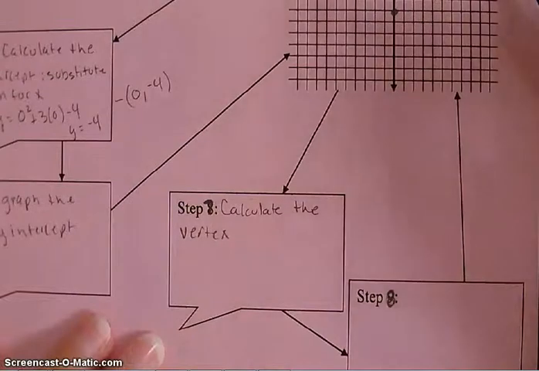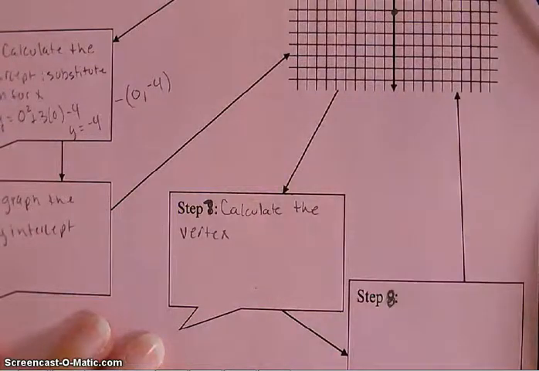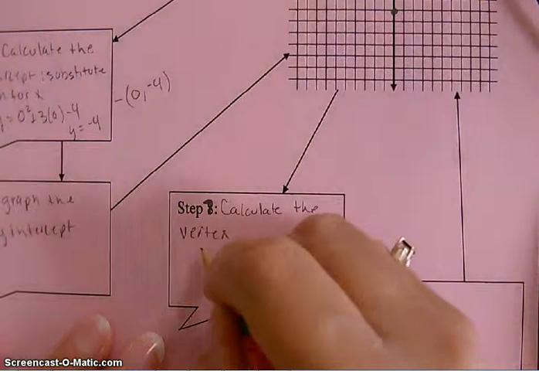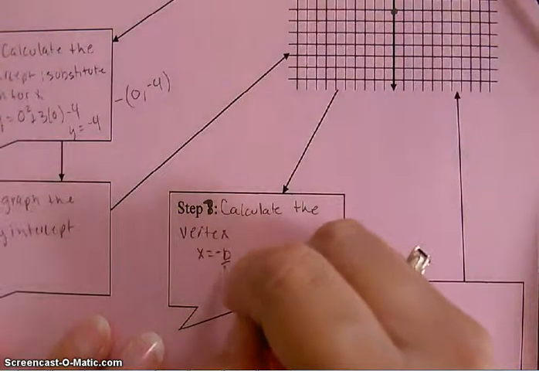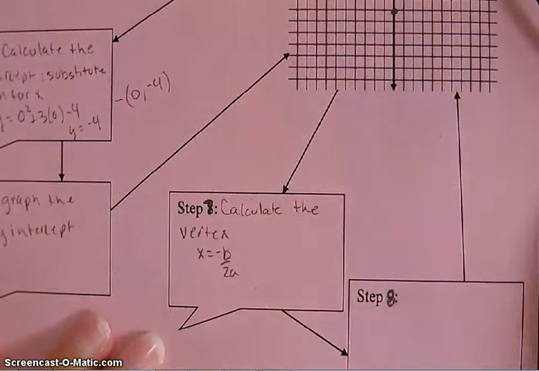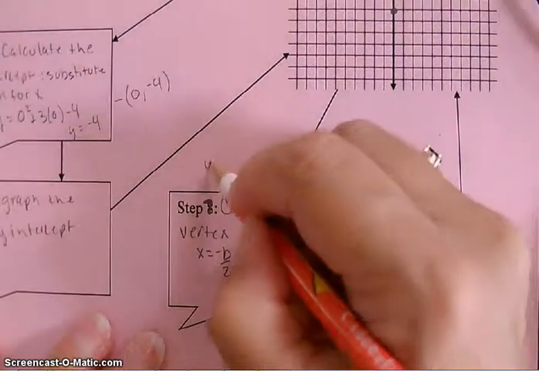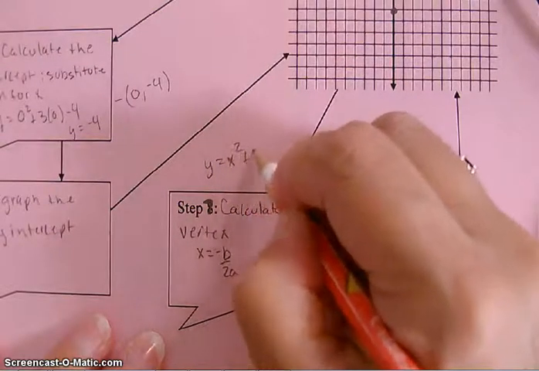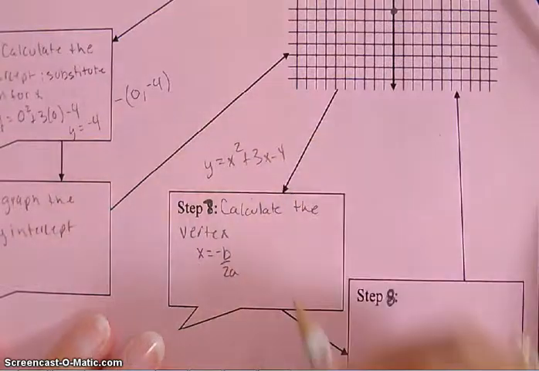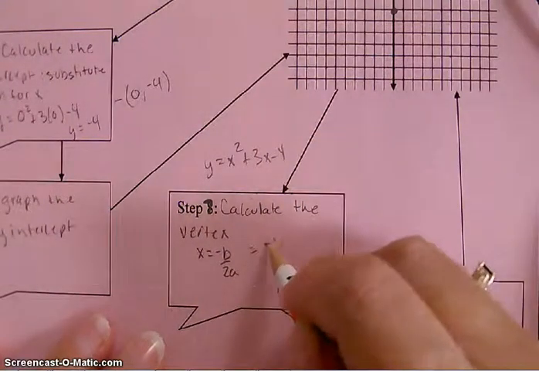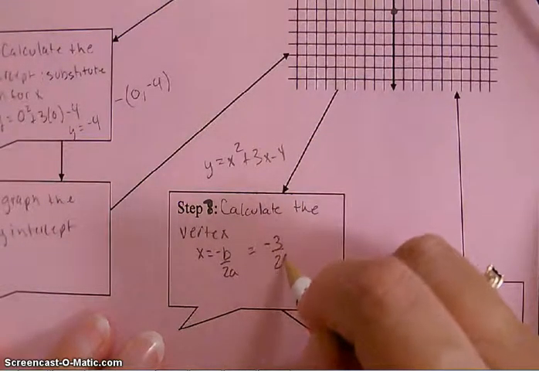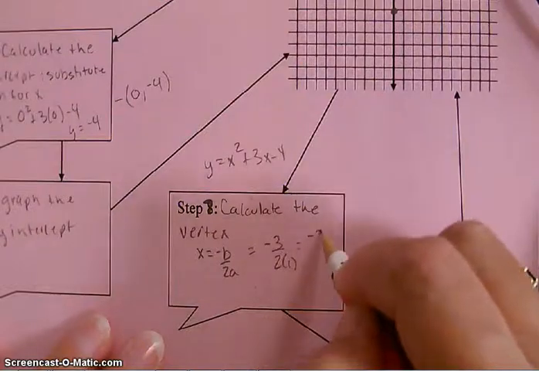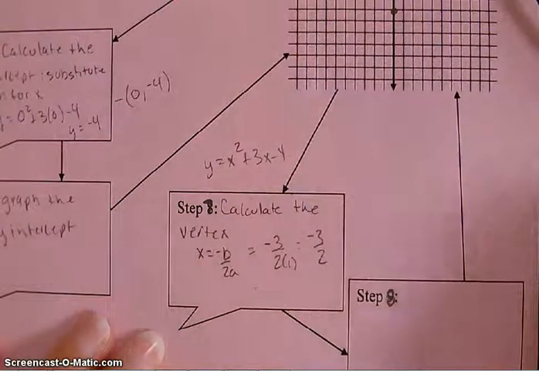Now I've got my x-intercepts and my y-intercept graphed, so now I need to calculate the vertex. I'm going to do that using x equals -b over 2a and solve for x. My original equation was y equals x squared plus 3x minus 4. So x equals -b over 2a becomes -3 over 2 times 1, which is -3 halves.